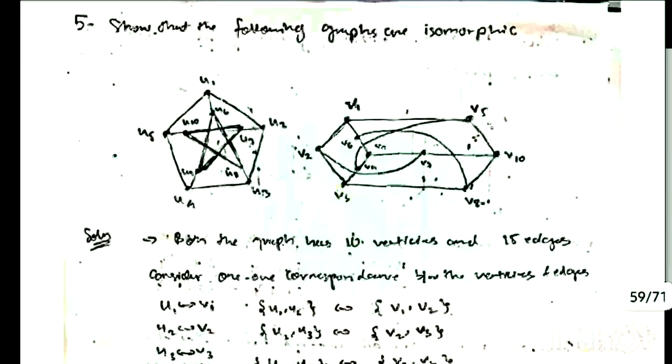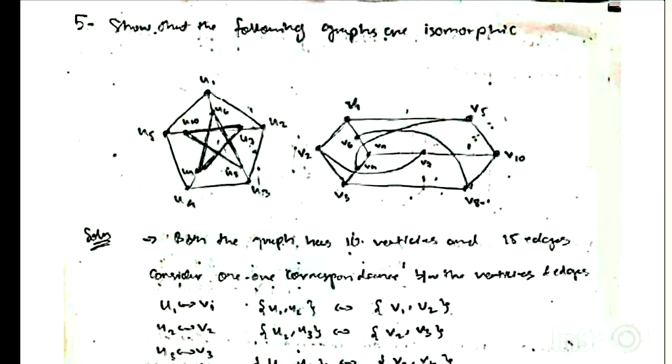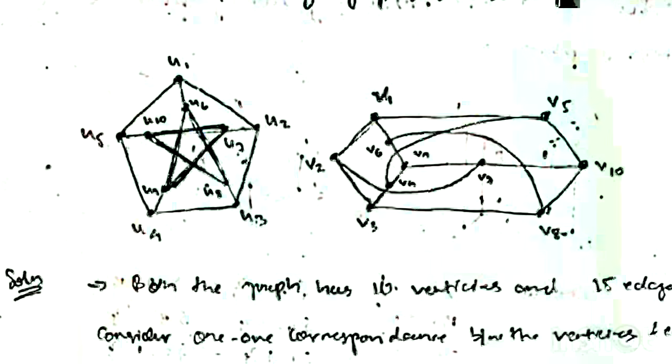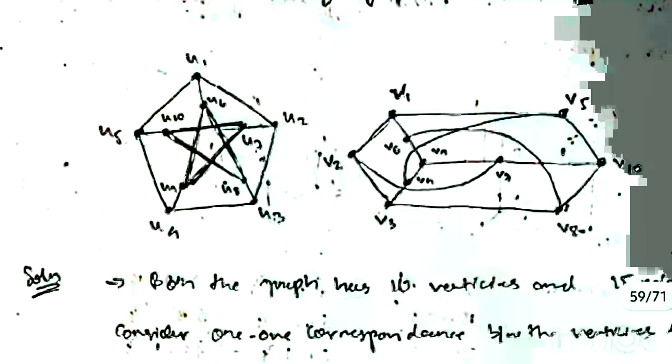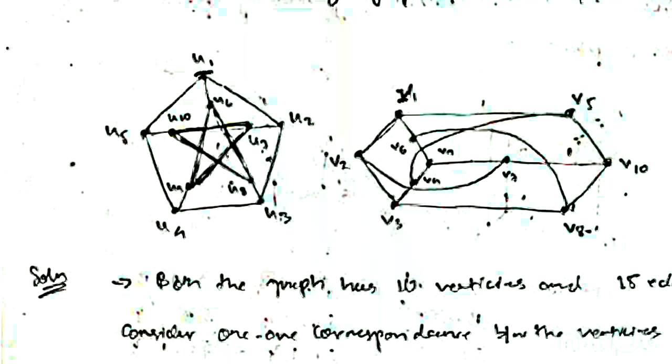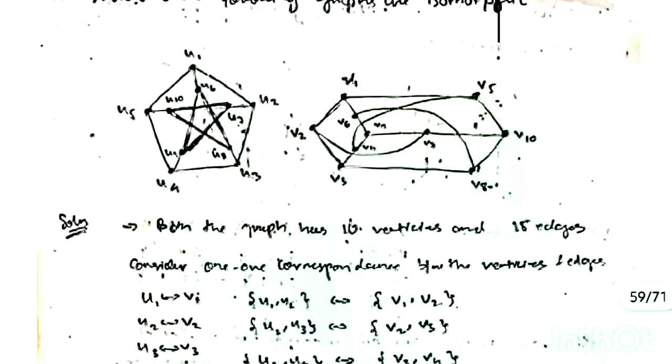Now we have to show that these two graphs are isomorphic. In these two graphs, the correspondence between the vertices is the same: u1 and v1, u2 and v2, and so on. The edges are also written in a similar way.